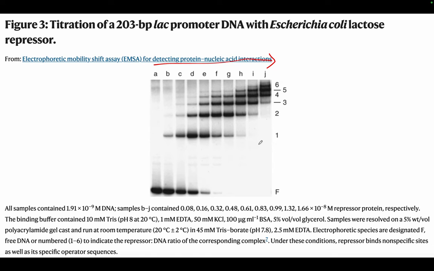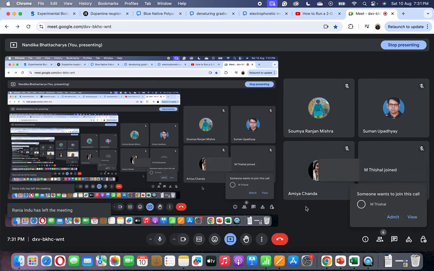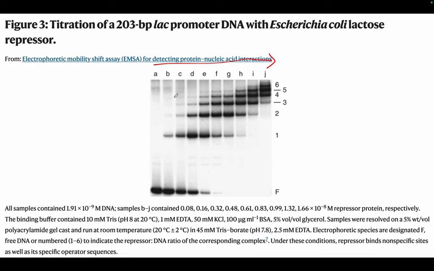Right? And here they are saying that as we increase the protein concentration, what is actually happening is we are getting non-specific binding. Right? So it is binding to multiple sites. So here is the actual binding site, but it's also binding here and here and here. And as a result, the band keeps shifting upward as we start adding more and more protein. Okay.